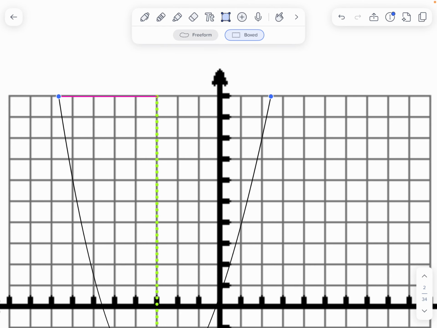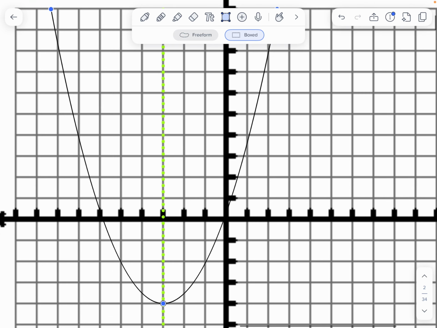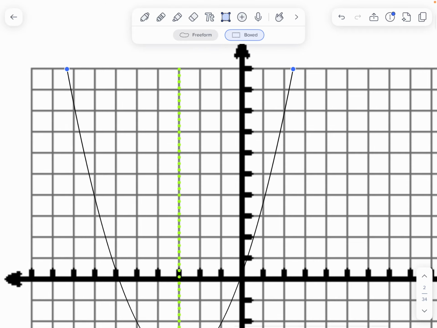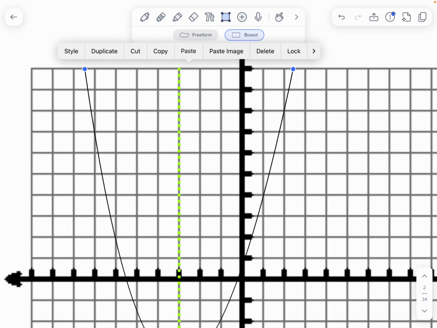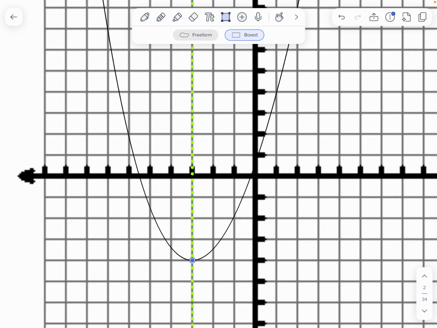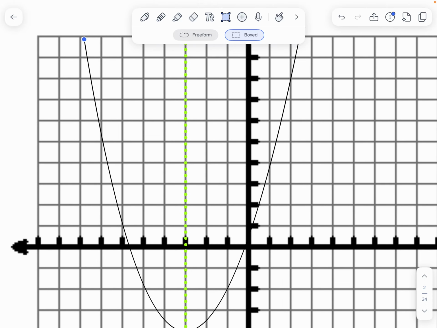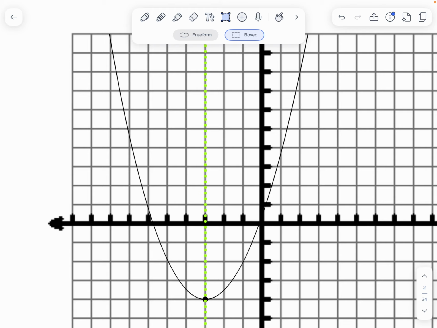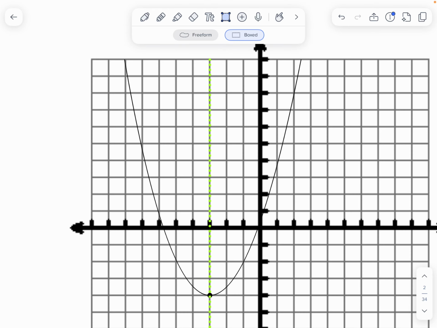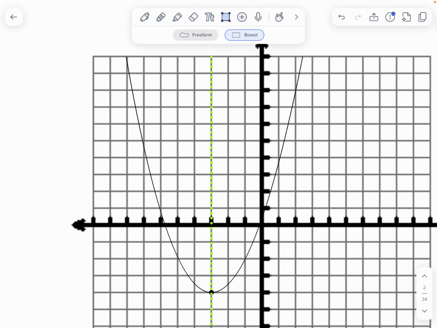Where is this? Is this equal on both sides?